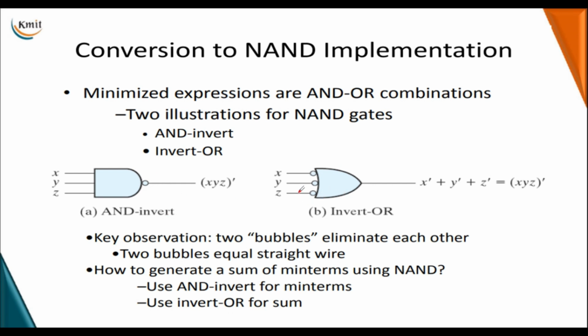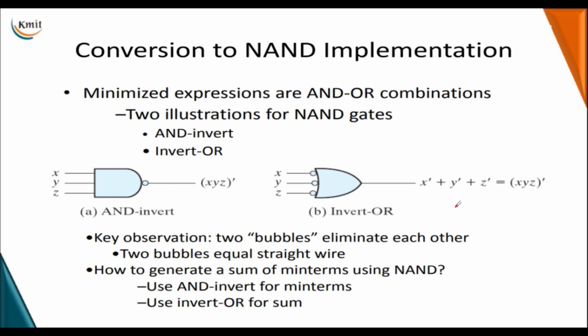Now if I take the inputs which are bubbled and connected to the OR gate, it also implements the NAND function. Using De Morgan's theorem, x bar OR y bar OR z bar is equal to (x y z) whole bar.